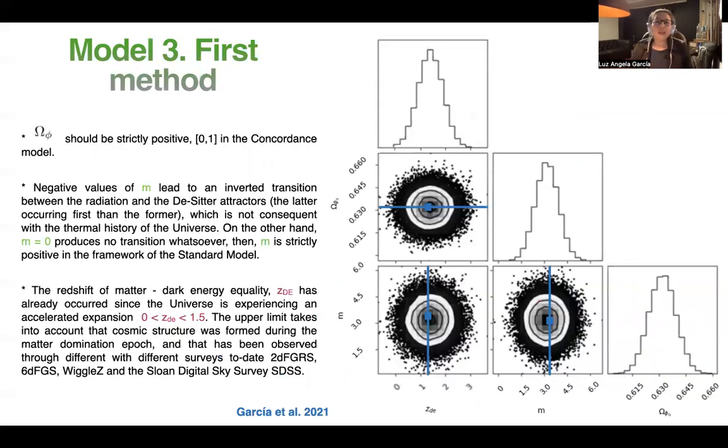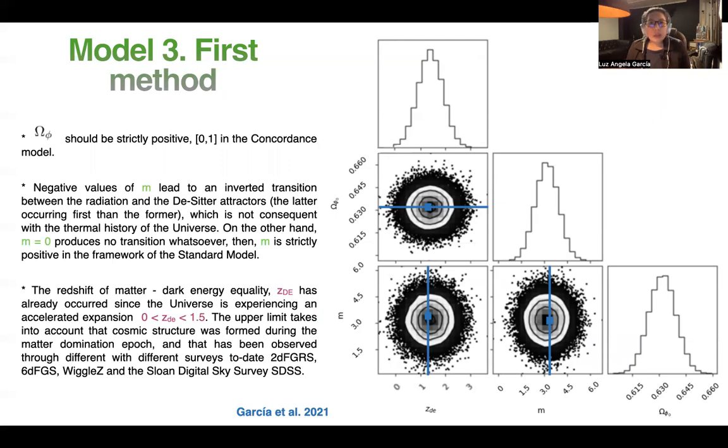The third model is something that has already been published. It's a parameterization we proposed in 2021 that basically assumes that there should be two different epochs where the dark energy is present.